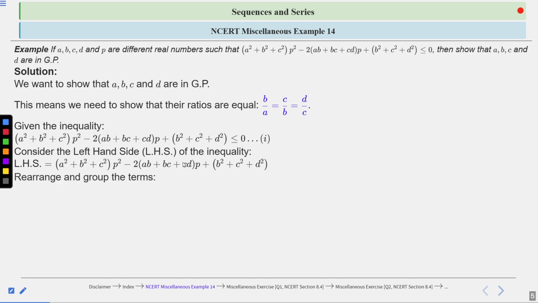Now, rearranging and grouping the terms. Firstly, multiply the terms and rearrange. After that, group the terms. This is equal to a square p square plus b square p square plus c square p square minus 2ab p minus 2bc p minus 2cd p plus b square plus c square plus d square.